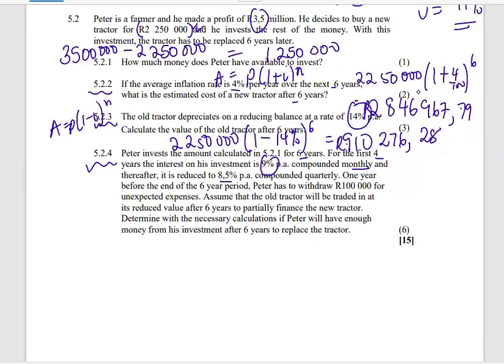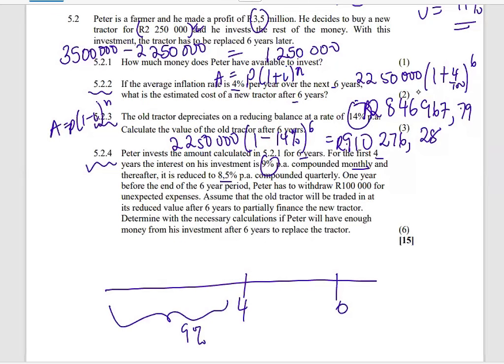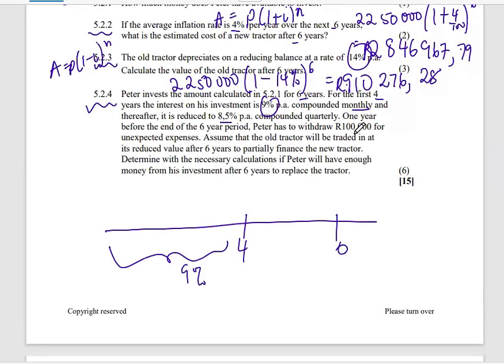Okay, so if I have, let's say, a timeline, they said for the first 4 years the interest rate is 9%, but we are compounding it what? Monthly. Okay, and then we have 8.5%, which is quarterly.